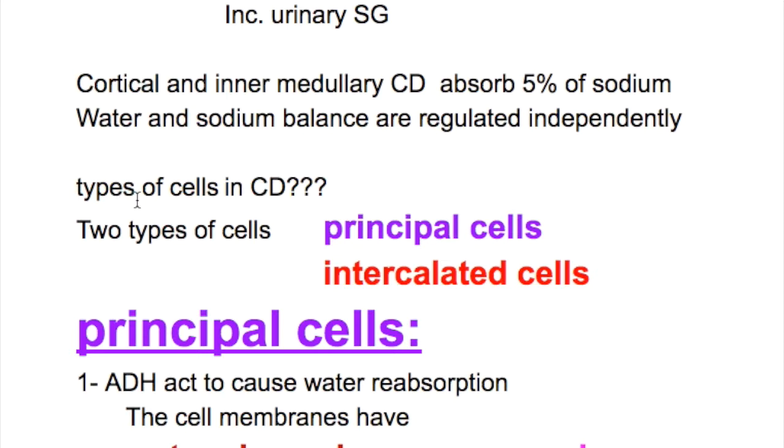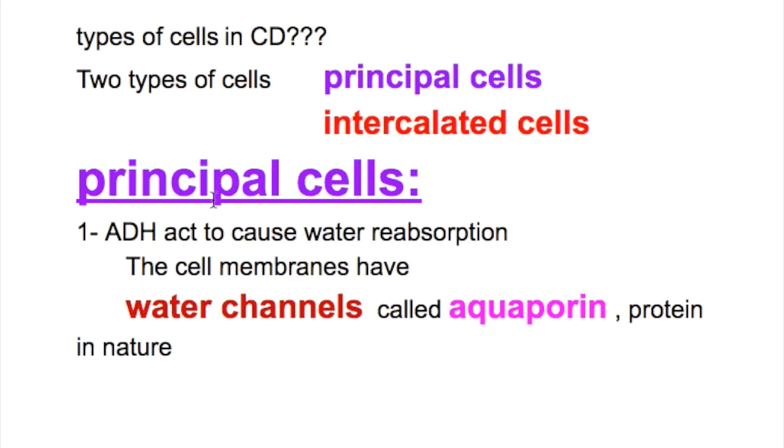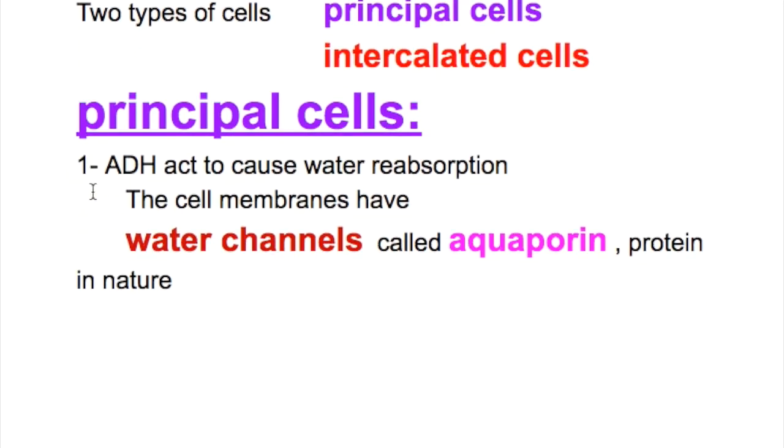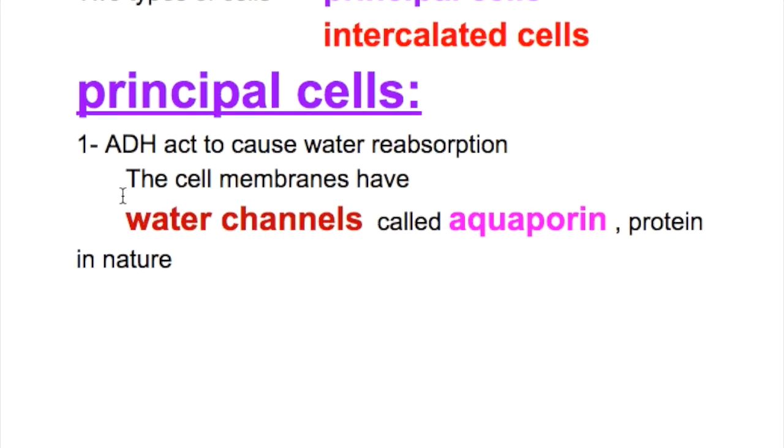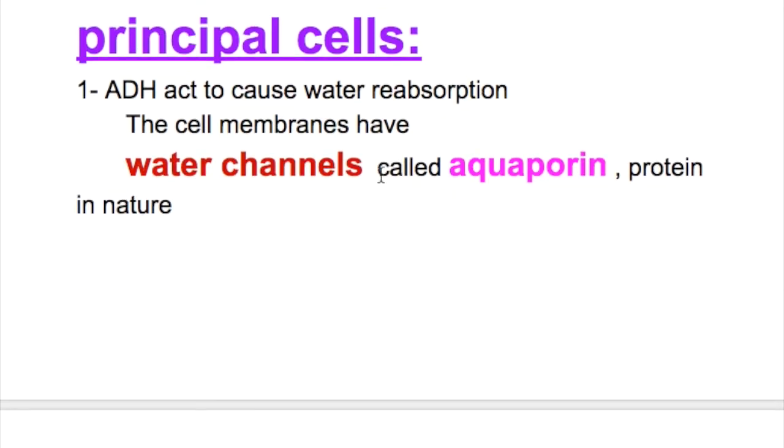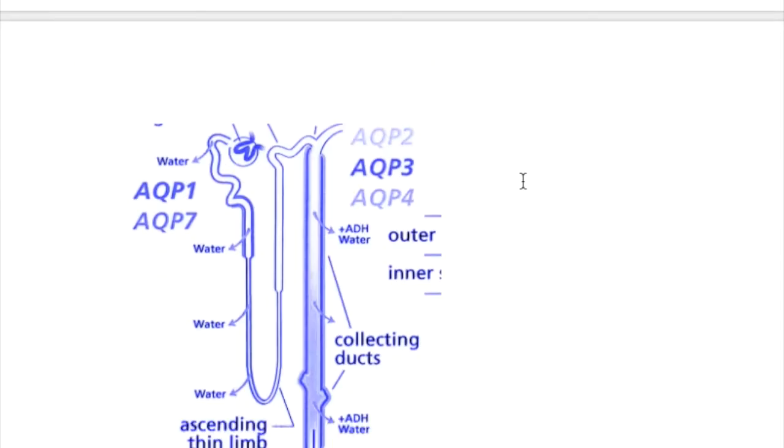So what are the types of cells in the collecting ducts? There are two types of cells: the principal cells and the intercalated cells. Let's discuss the principal cells first. ADH acts to cause water reabsorption in the principal cell. The cell membrane has water channels called aquaporins, which are protein in nature.